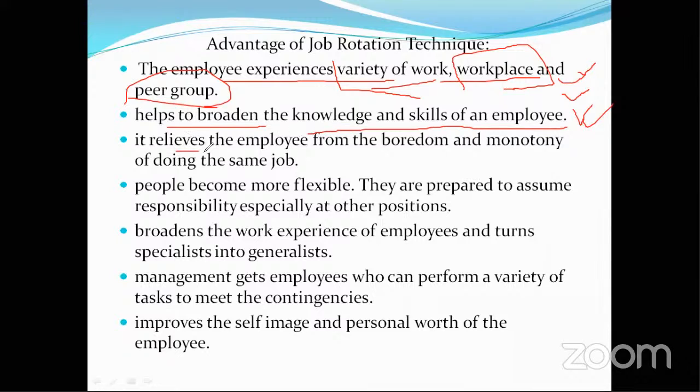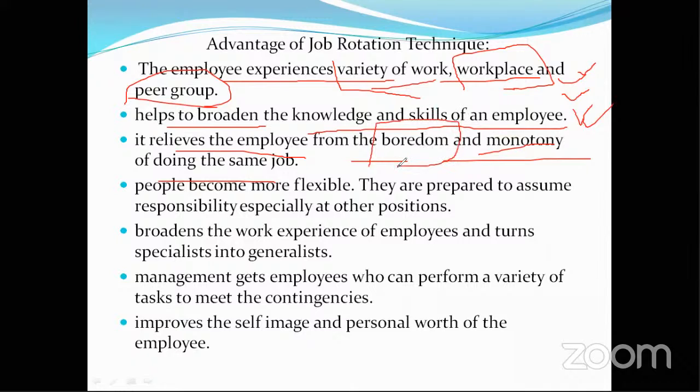So it relieves the employee from the boredom and the monotony of doing the same job. Monotony means the same thing every day. Mono means single: a single type of task, a similar kind of task. Every day, if a person does it, it will lead to boredom.